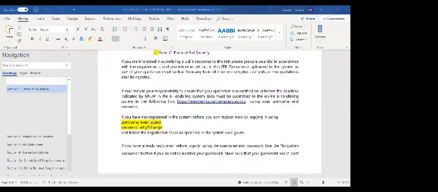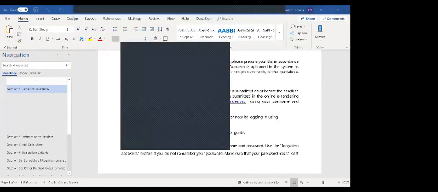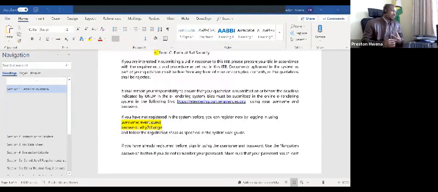If you have not registered on our e-tendering system before, this is how you can do it. You use the username event.guest, then the password is Y to change. Then you follow the registration process as specified in the system's user guide.